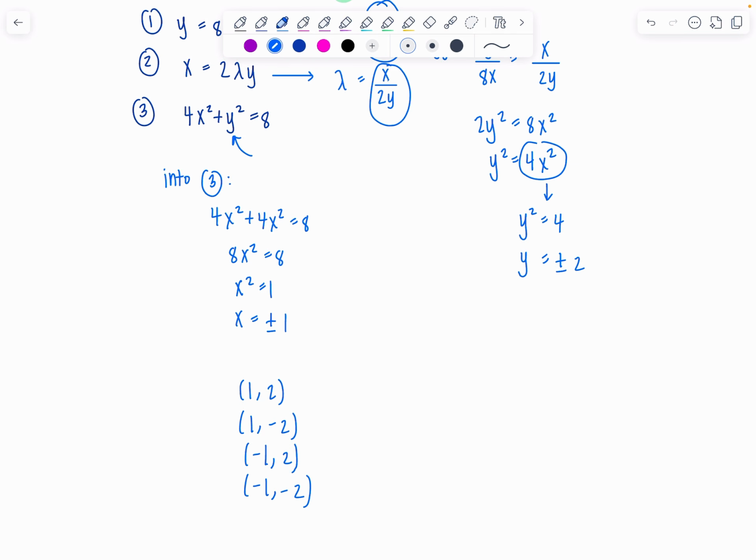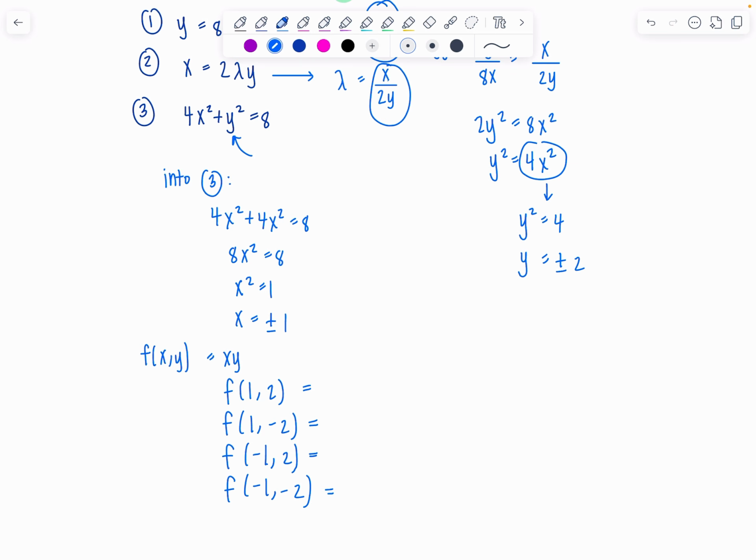So from here, how do we determine which yields our absolute max and which yields our absolute min? Well, you've got to go back and substitute them into the function that you're trying to optimize. In this case, f(x, y) was x times y. So evaluate the function at each of these 4 points, and let's see what we get. We're just multiplying them.